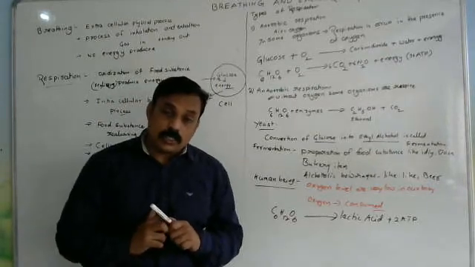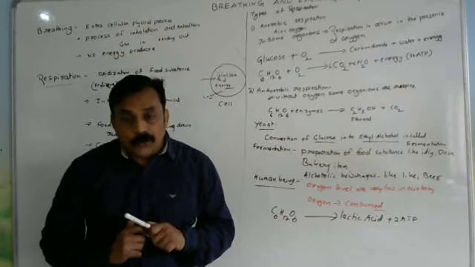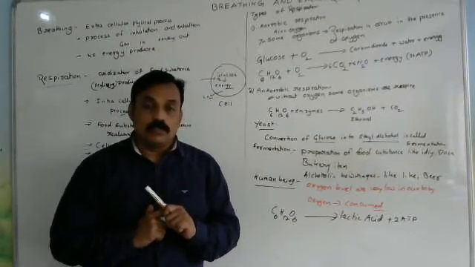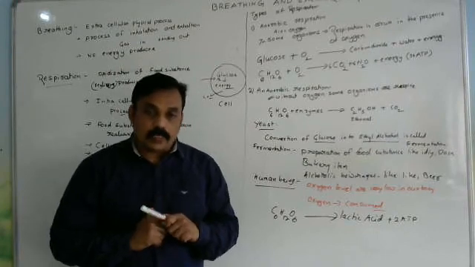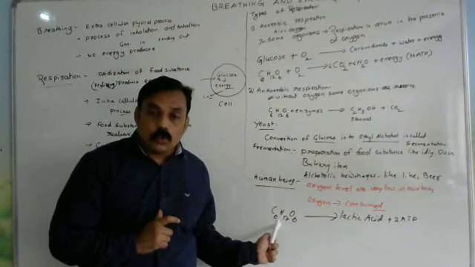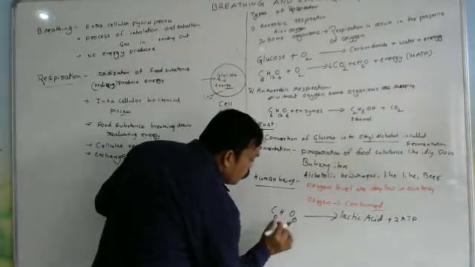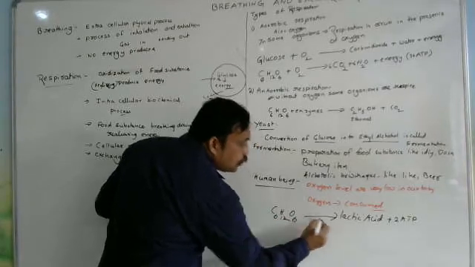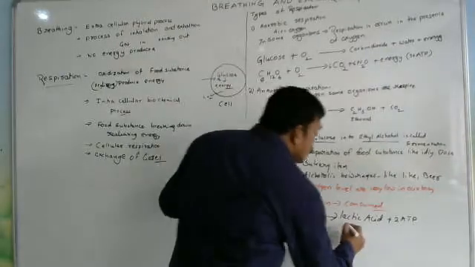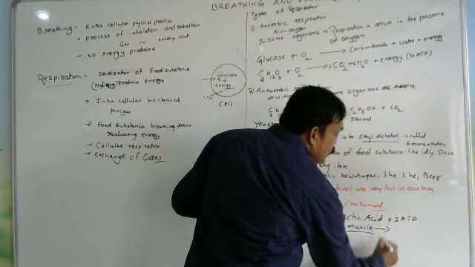So anaerobic respiration occurs in human beings when oxygen levels are very low or when oxygen is consumed by physical activities or other functions. At that time, glucose C6H12O6 directly converts into lactic acid in the muscles.